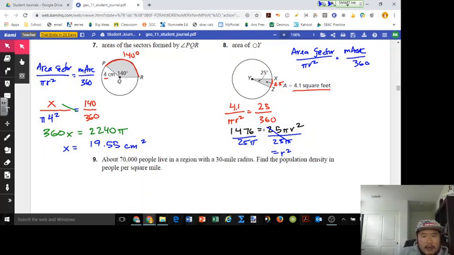Okay. And after you do that and you square root both sides, you will get r is approximately 4.3.